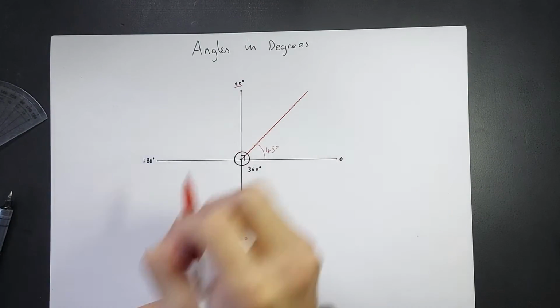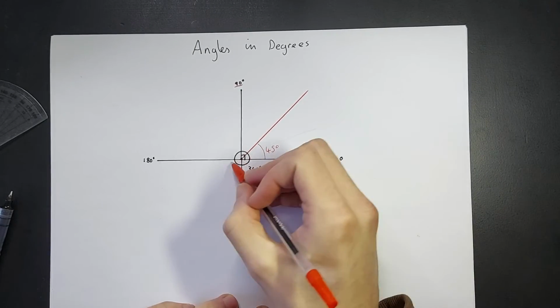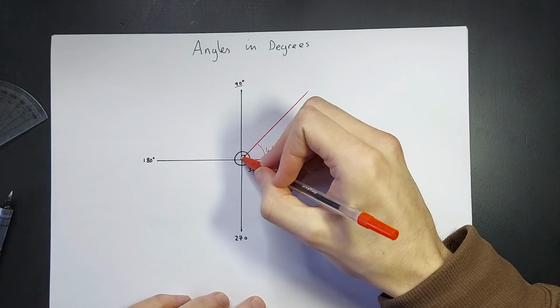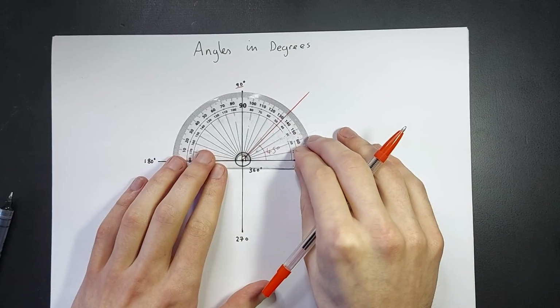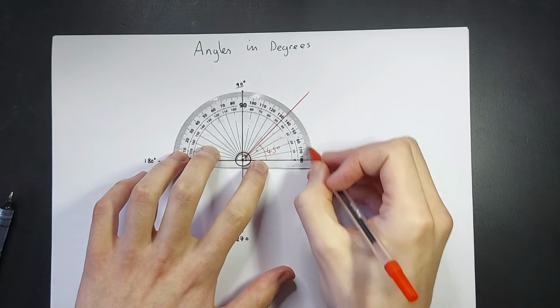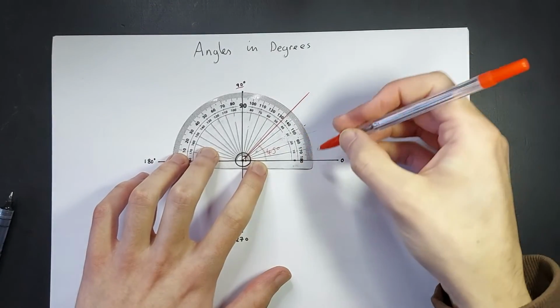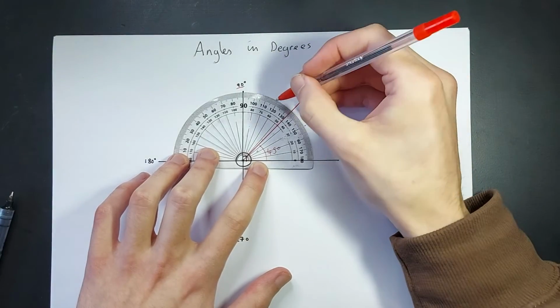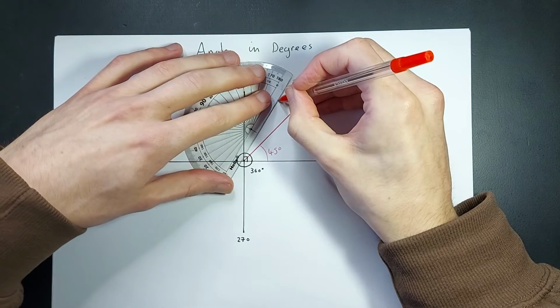90 nicely divides into 3 as well. So you could try and split this angle into 3 roughly. Let's do it roughly and then see how accurate I am. So from there would be there, and there. See, I was not far off.